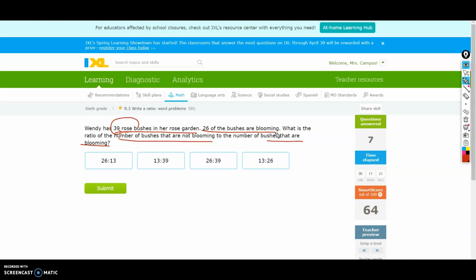Okay, so it asked us, what is the ratio of the number of bushes that are not blooming? Okay, so we don't know how many are not blooming. To the number of bushes that are blooming. We know there's 26 blooming. So I'm going to take my total of 39 and subtract 26. So I have 13 to 26.